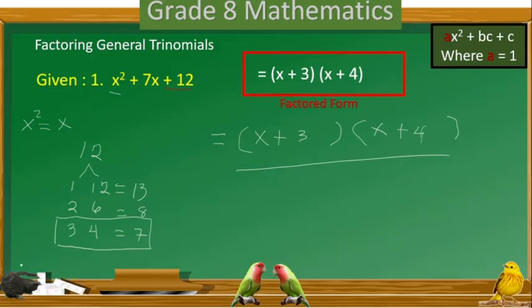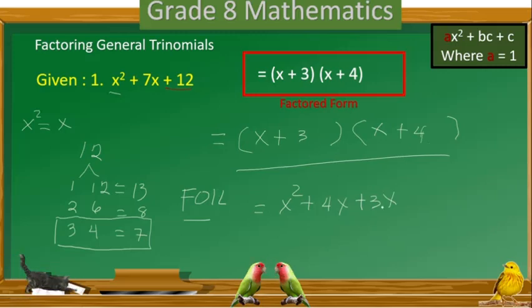How do we check if your answer is correct? That is by multiplying these factors using the FOIL method. We multiply x times x, that is x squared, then x times 4, that is plus 4x, then 3 times x, that is 3x, then 3 times 4, that is positive 12.